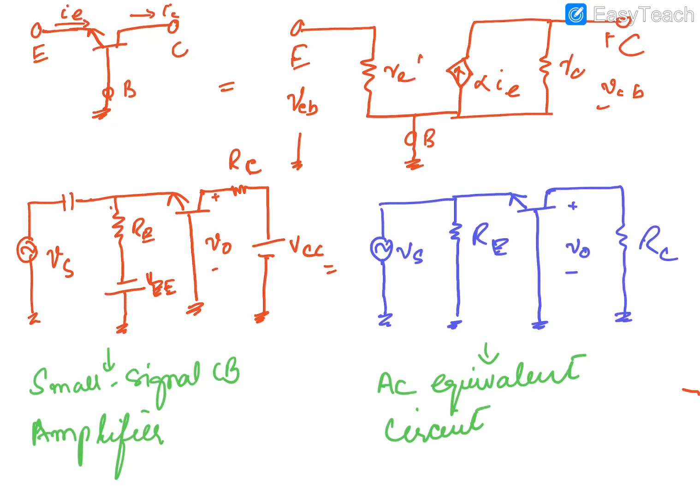From emitter to base side we have drawn a resistance Re dash, which is the emitter resistance, and at the output side there is a dependent source in parallel with R naught, where R naught is equal to RC. The dependent source has a value of alpha IE.